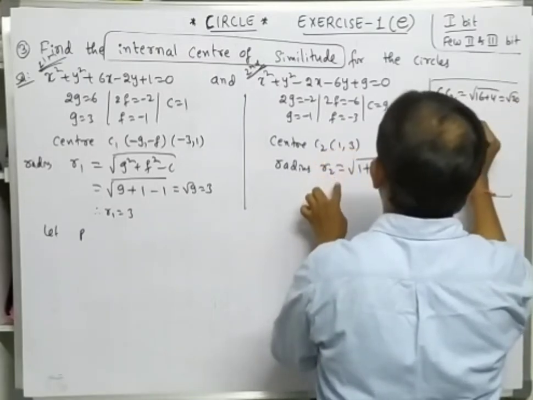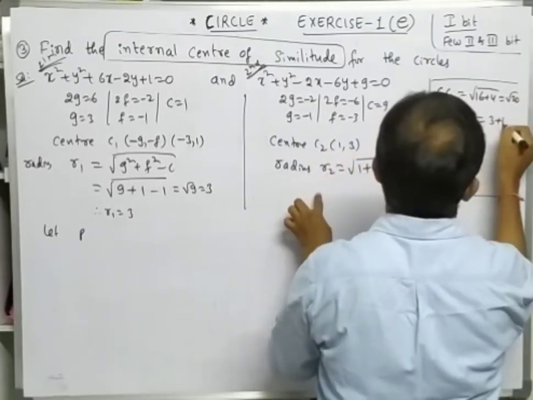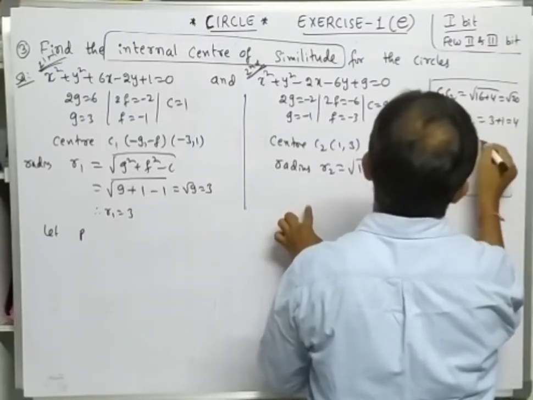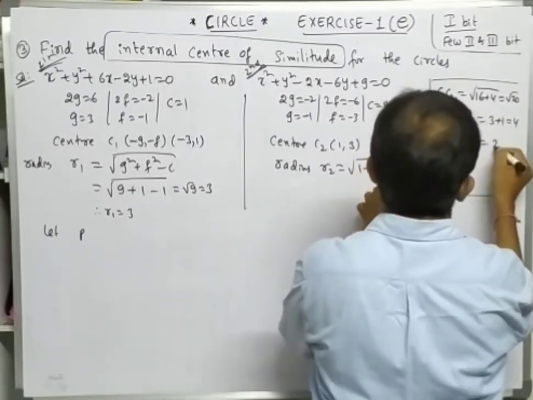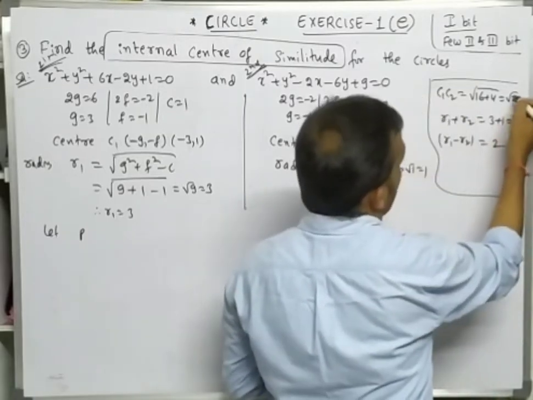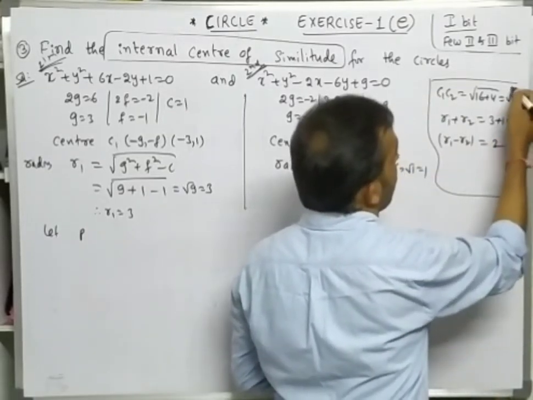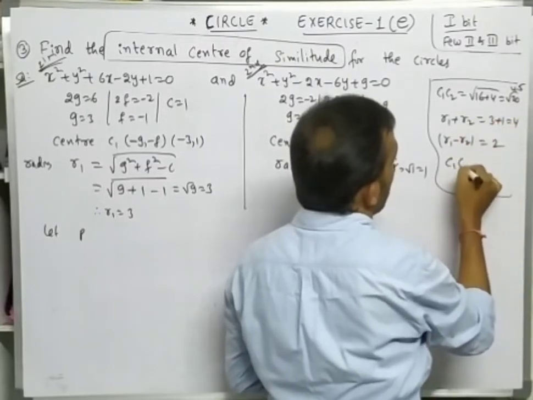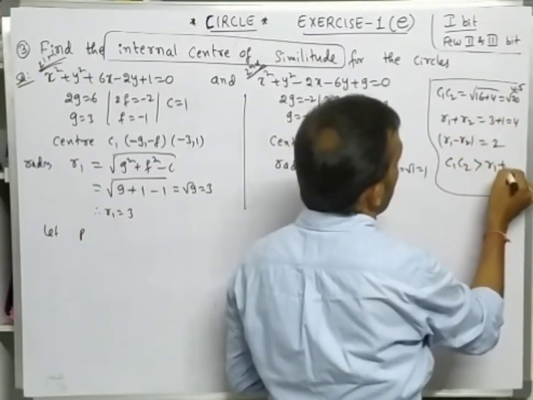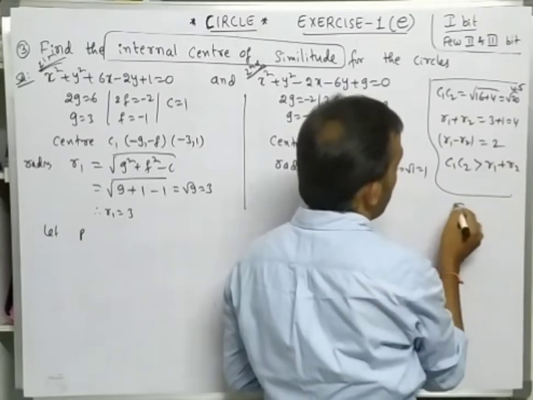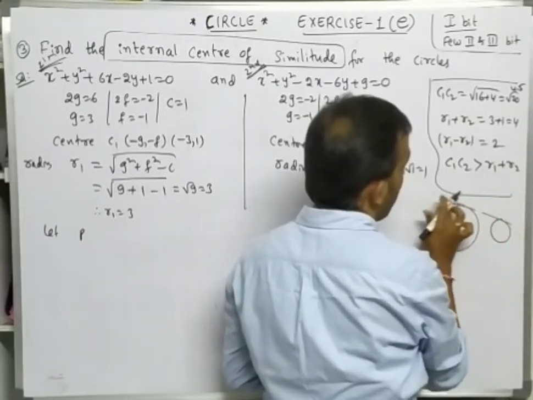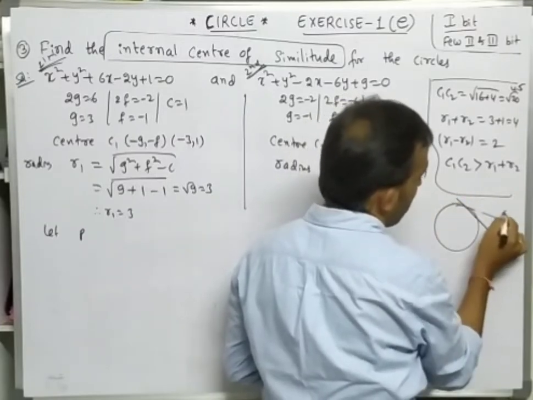R1 plus R2 is 3 plus 1, 4. R1 minus R2 is 3 minus 1, 2. So this is 4.5 something. So C1 C2 is greater than R1 plus R2, right? Therefore one circle is exterior to the other circle. We should find the internal center of similitude.